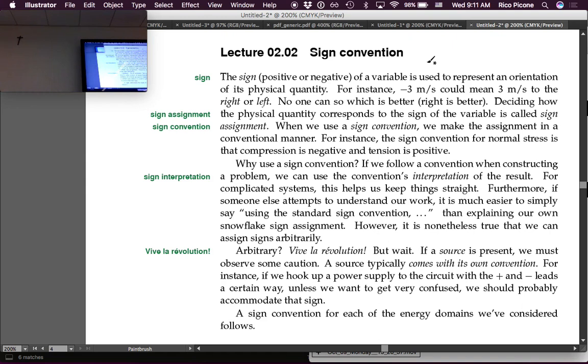So, for instance, if we hook up a power supply to the circuit with the plus and minus leads a certain way, unless we want to get very confused, we should probably accommodate that sign, right?